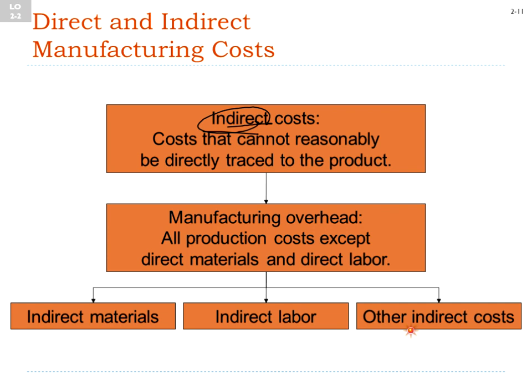But you know, what about something like glue? Furniture builders use wood, but they also use glue. And do you think they can trace every single drop of glue to each piece of furniture? Probably not. So in the case of glue, that would probably be considered an indirect material, and so that would be just applied to manufacturing overhead.